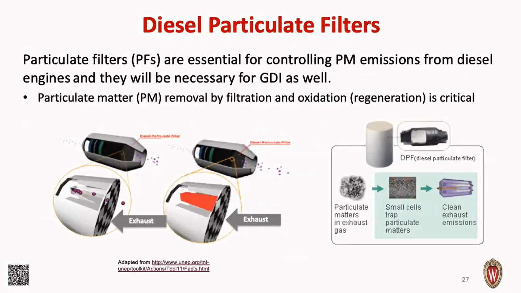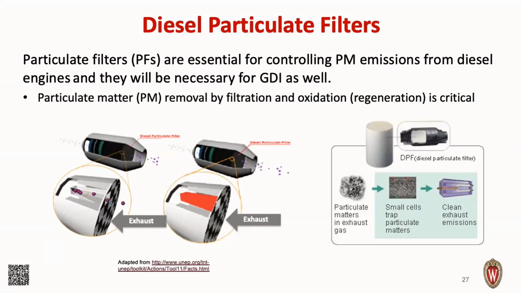The next device is the diesel particulate filter. Particulate filters are really necessary for controlling soot emissions from diesel engines, and they are quite honestly necessary for GDI as well. So you're seeing them come on the market as GPFs, for gasoline particulate filters. What happens is we have particulate removed by filtration.